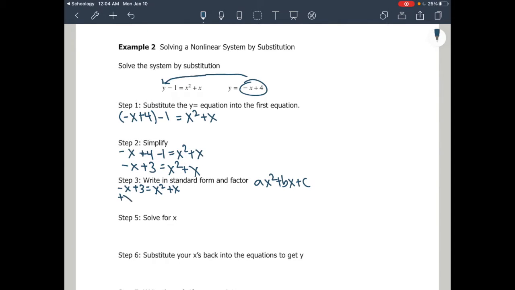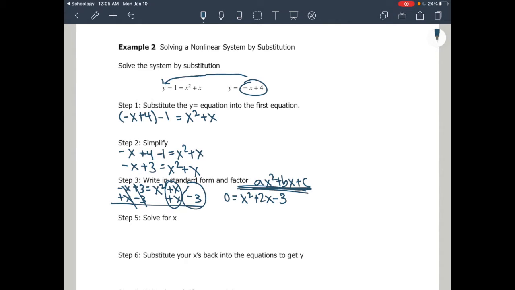Plus x on both sides to get the x's together, and then minus 3 to get the minus 3 on the other side, because I want it to look like this. So then this is all gone, and I have 0 equals x squared plus 2x, because this becomes 2x, and then minus 3, because there's nothing else for that to go with. The reason I moved everything from one side to the other was because I wanted it to look like this. Then it says to factor it.